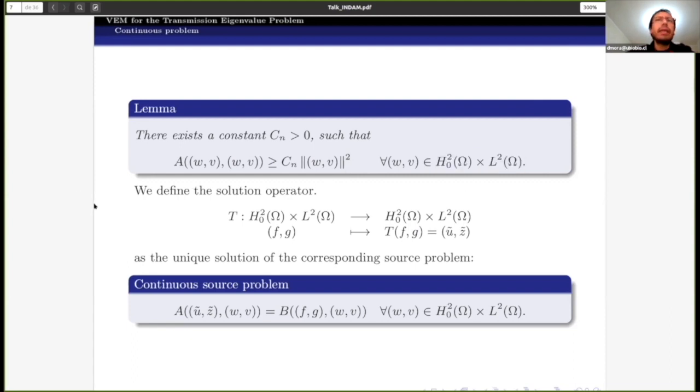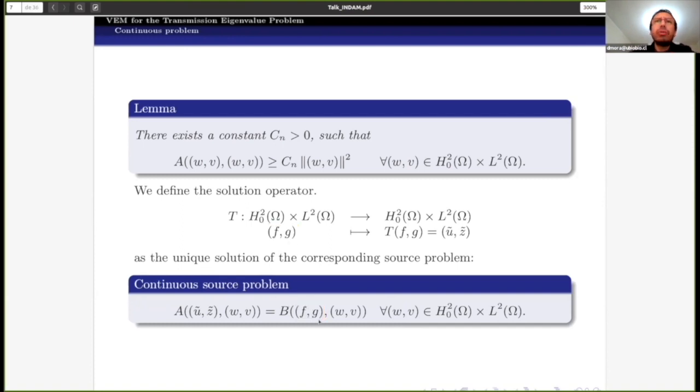Since the sesquilinear form B is bounded, we can introduce the so-called solution operator, which for any data in H2 times L2 gives the solution of the so-called source problem. This source problem is obtained from the eigenvalue problem, where we have replaced F and G by the eigenvalue times the eigenfunctions on the right-hand side.